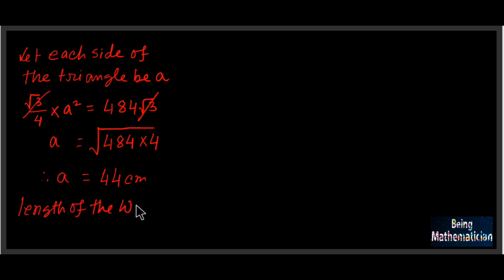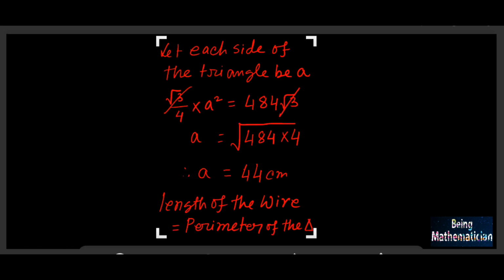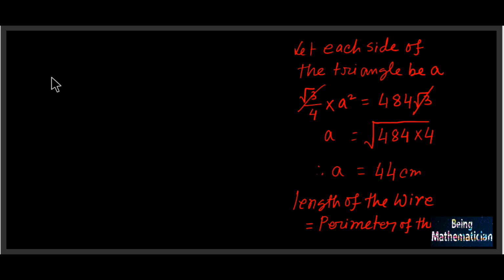Now the length of the wire is equal to the perimeter of the triangle. So perimeter will be 44 into 3, and it is 132 centimeter. Now the same wire is bent into the form of a circle, so the circumference of the circle is 2 pi r.